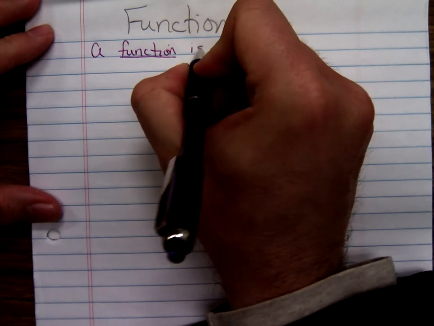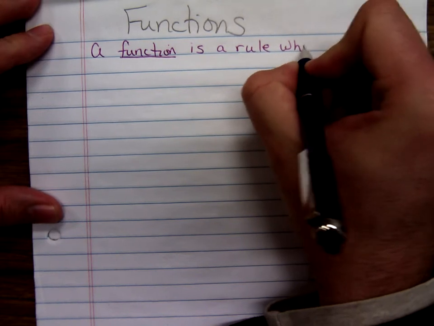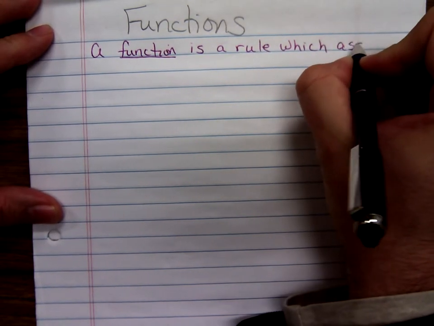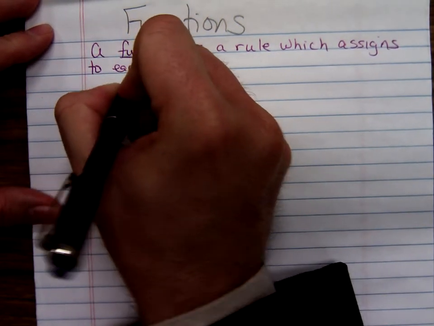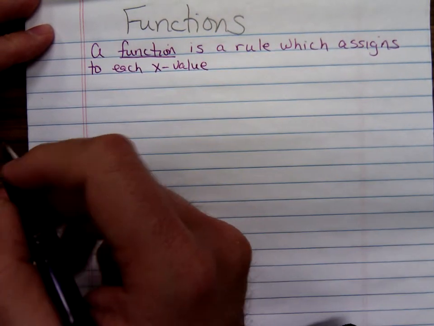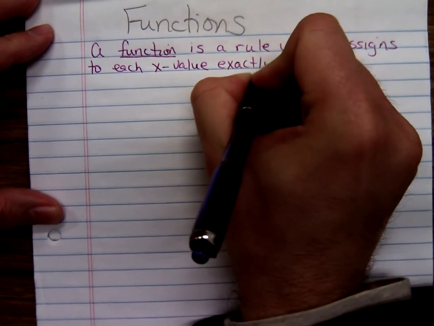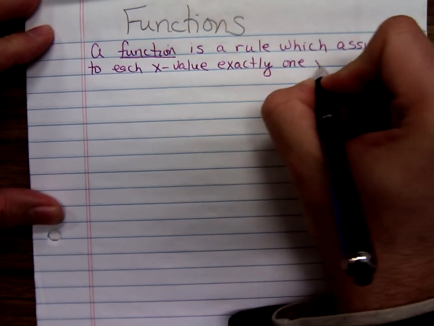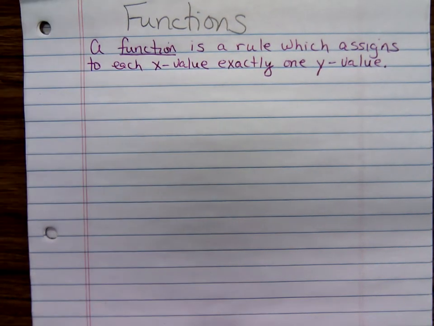A function is a rule which assigns to each x value one and only one, or else you might say exactly one, y value. So each x value is being assigned exactly one, or one and only one, y value.